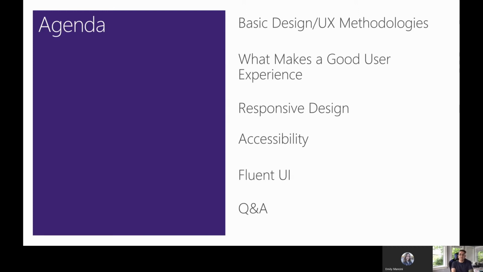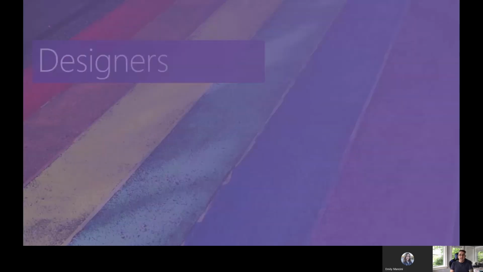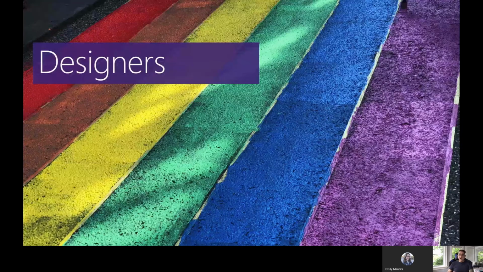So I'm going to start by painting with a very broad brush, and I mean no disrespect with this, but designers in general are trained to make beautiful things. They know the difference between Arial and Helvetica. They know when they're supposed to use each one and when it works.